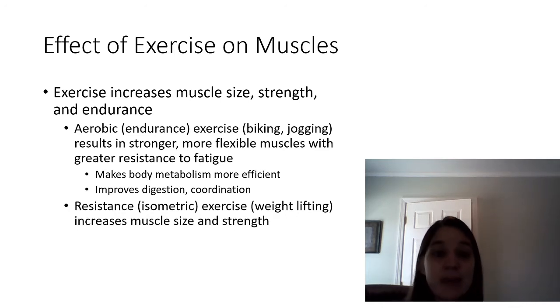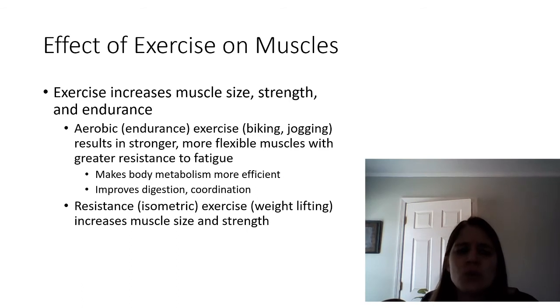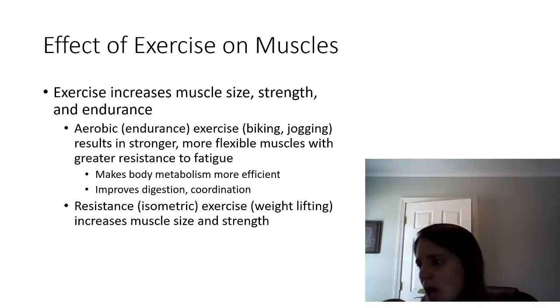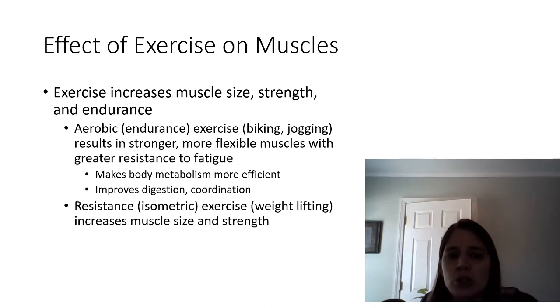Exercise impacts muscles, right? So if you do endurance kind of exercise, whether that's biking or jogging, you're going to get muscles that fatigue less quickly. So you'll not run out of oomph quite so quickly.